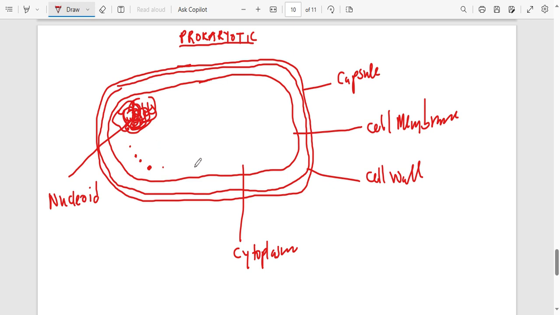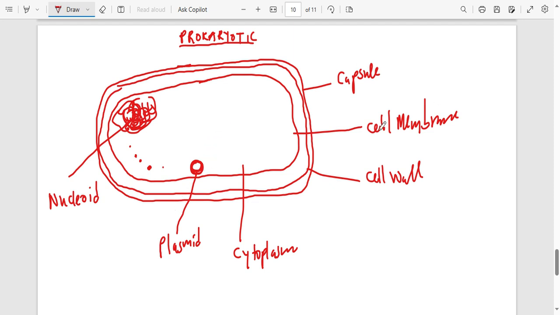But you're also going to have other DNA which is found circular. We call it circular DNA, and that is known as the plasmid. So a prokaryotic cell has DNA found packed together, known as a nucleoid, or found as a plasmid. So these are some important things.